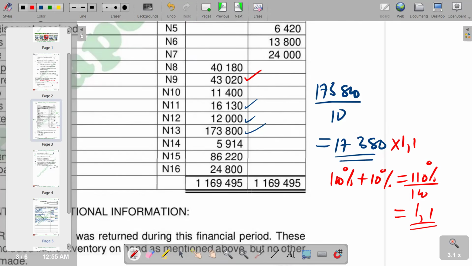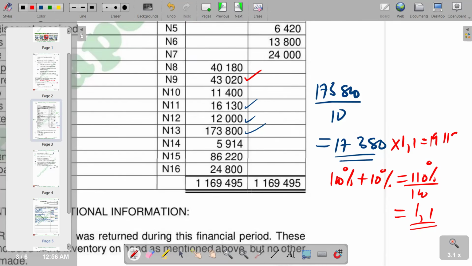So we do that and see what we get. If you multiply, you are going to get 19,118.